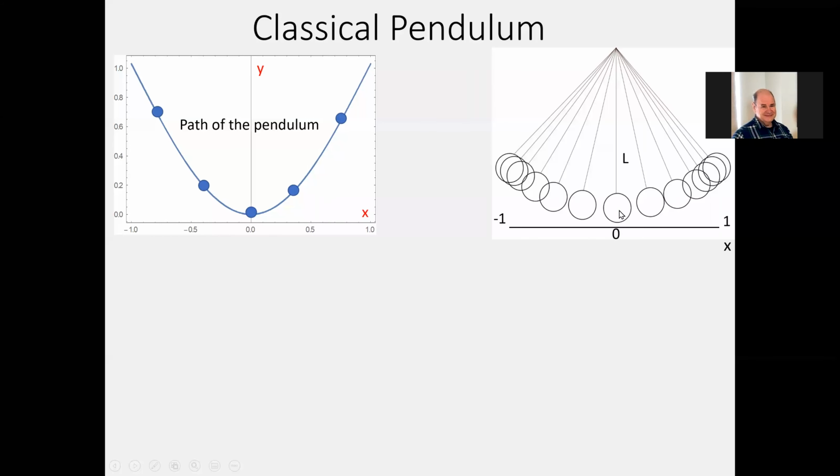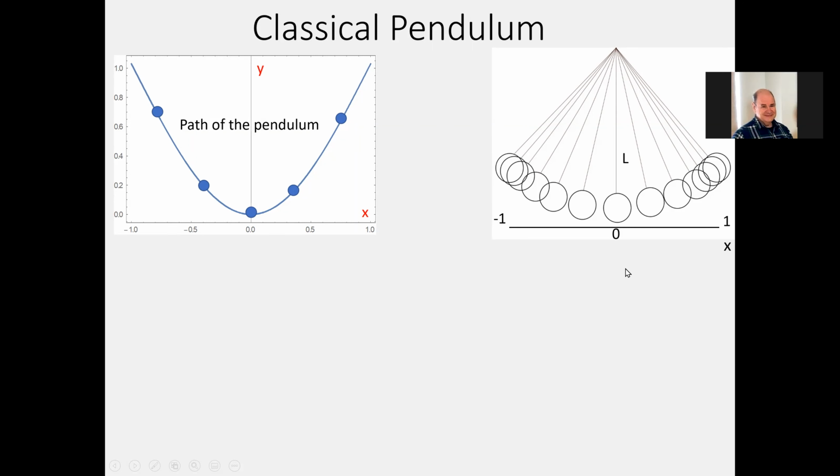Imagine I had a little light attached to the pendulum, shining down on the ground, and as the pendulum swung back and forth, I watched the light swing back and forth along the ground. I'm only interested in the X coordinate, isolating it to just one dimension. As the pendulum swings, the light swings from -1 to 1.